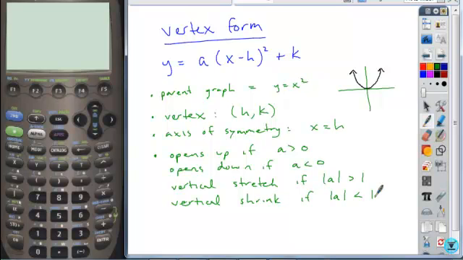All right. Now, here is the one thing to note. The y-intercept is the value of y when you plug in 0 for x.